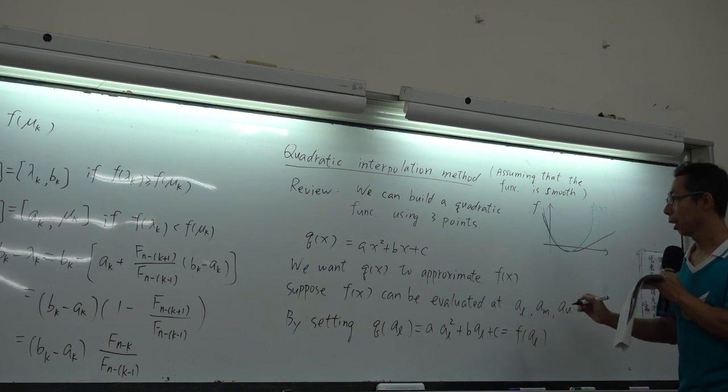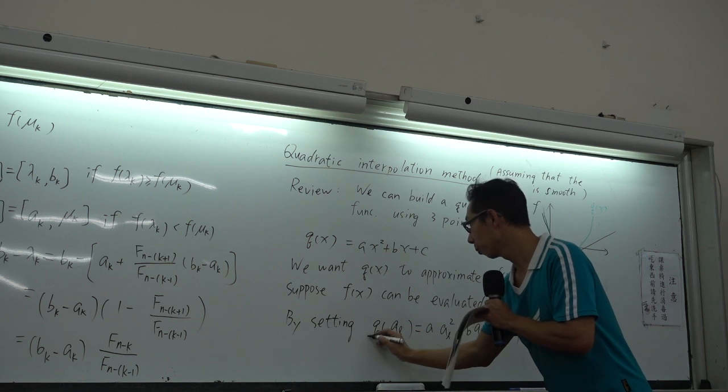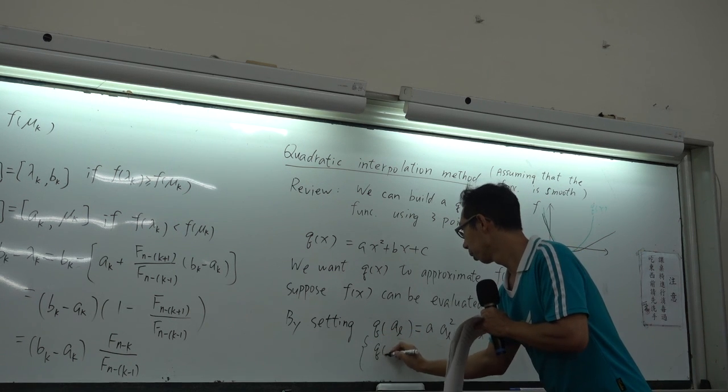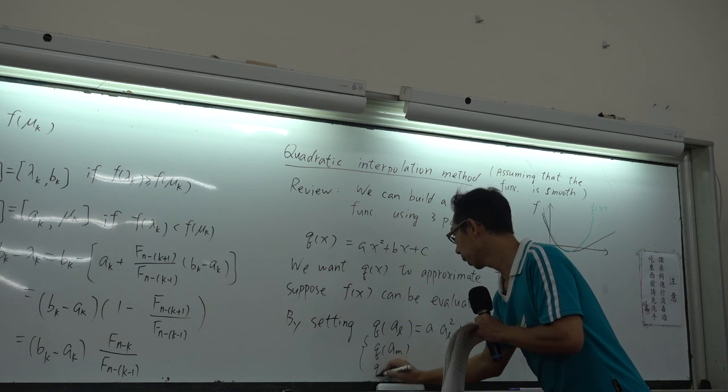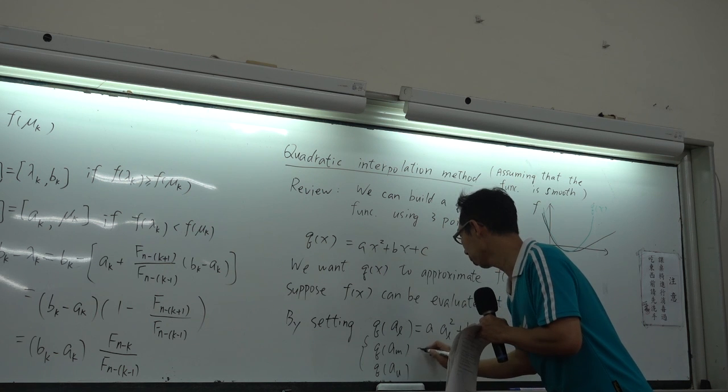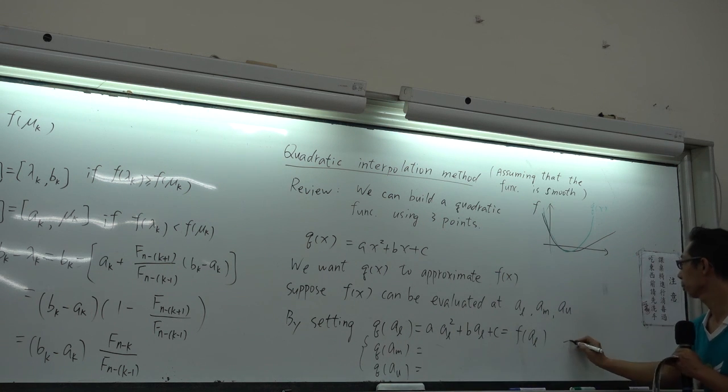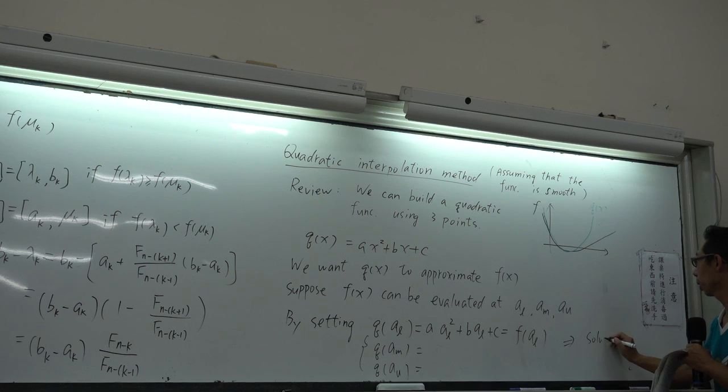Okay. Yeah, and then basically for AM and for AU, the same thing, okay? We can solve for the coefficients a, b, and c.